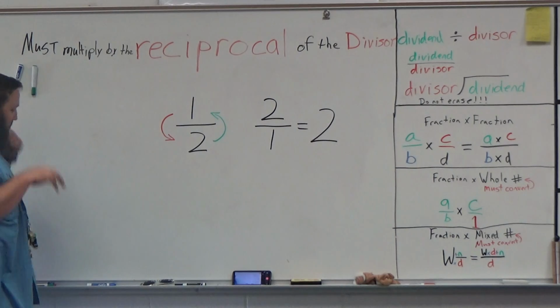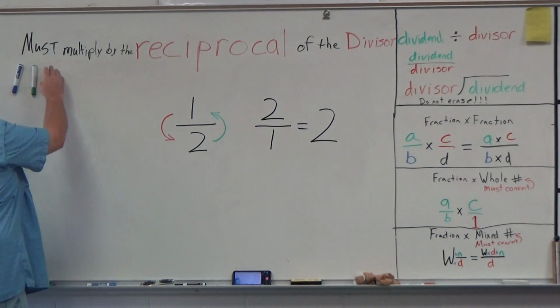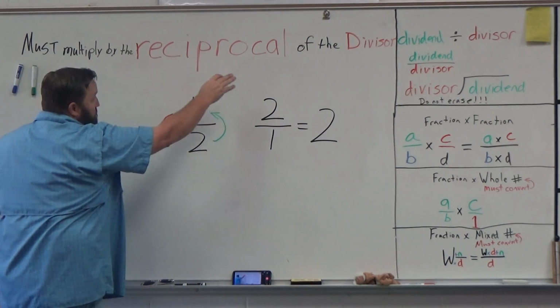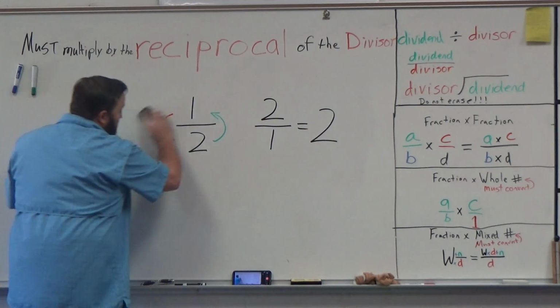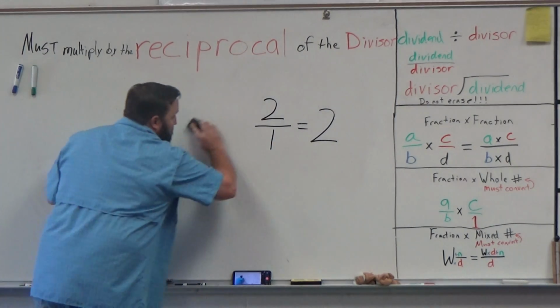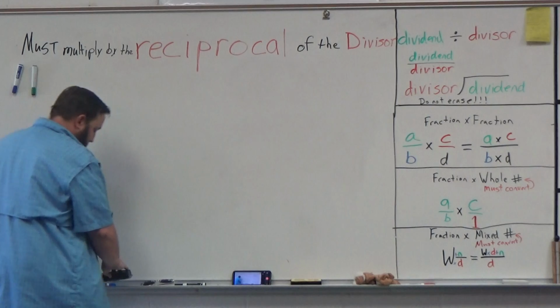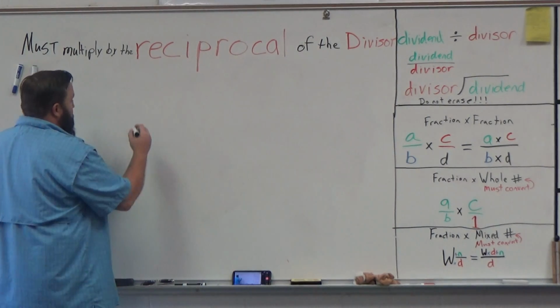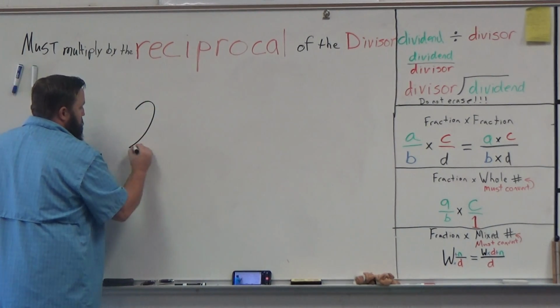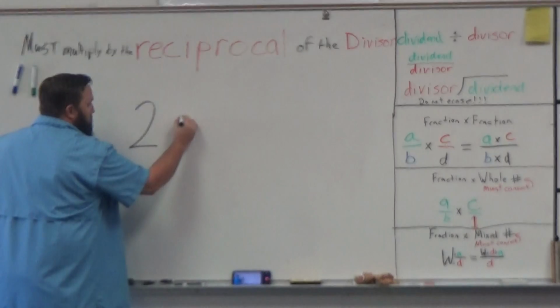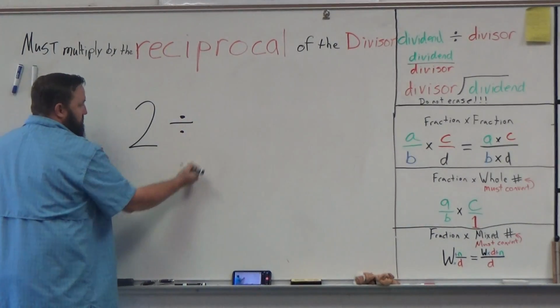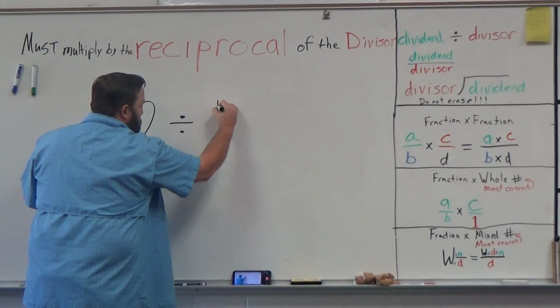So let's think about this concept. I must multiply by the reciprocal of the divisor. So let's look at a whole number divided by a fraction. Okay? So let's say I have 2 divided by, we'll use the same one, 1/2.